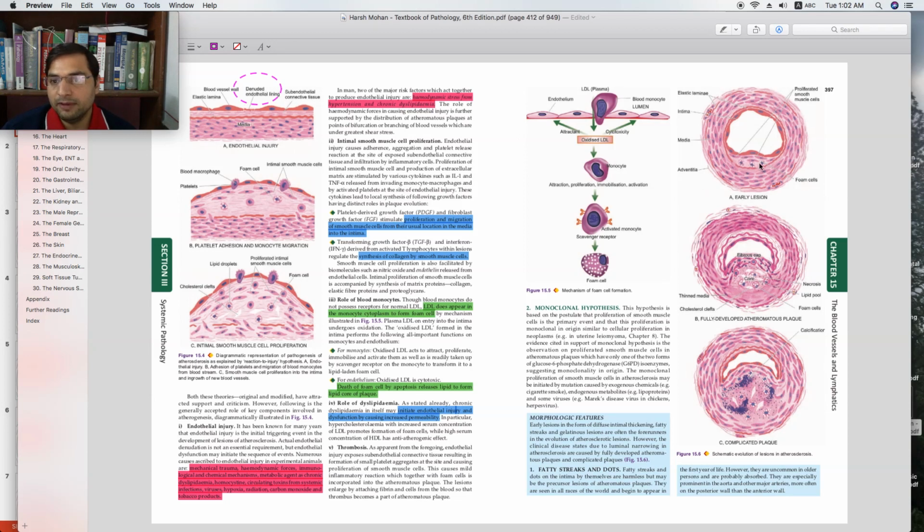So now, the intima having smooth muscle layer and the intima having lipid molecules, right? There is deposition of fibrin material over the lipid material, and that leads to the formation of a fibrous cap over the core, which is rich in lipids.